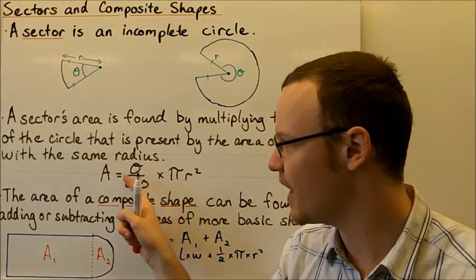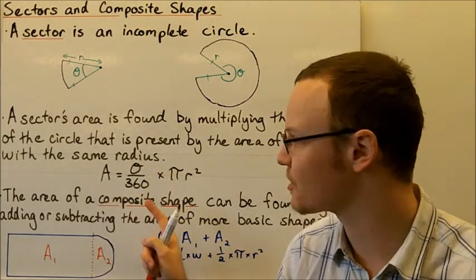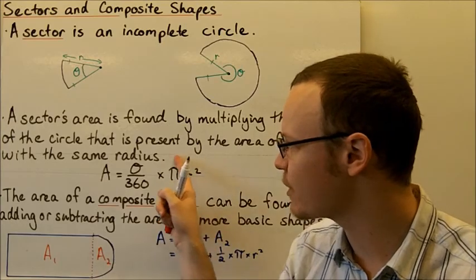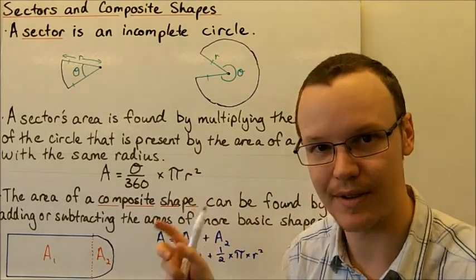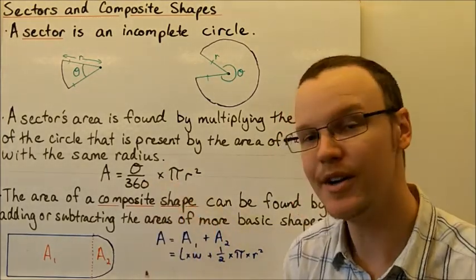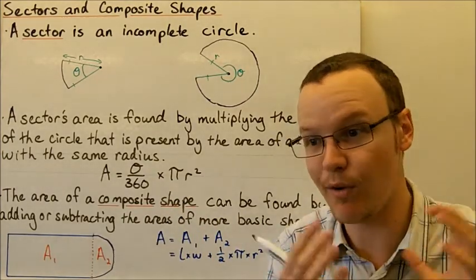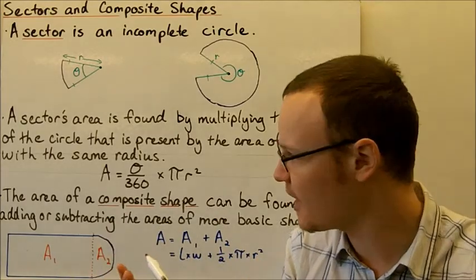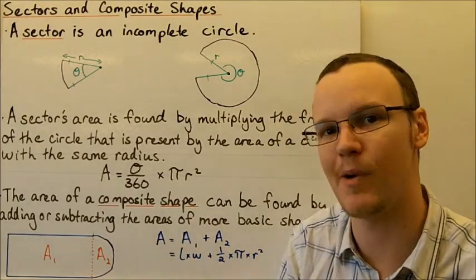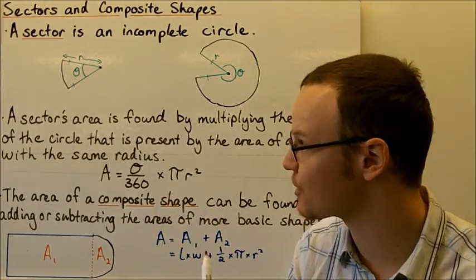So that represents the fraction of the circle that we have, multiplied by the area of the whole circle, if the whole circle was present. We're essentially finding the fraction of the area that we have left after we've cut away some of the rest of the circle.